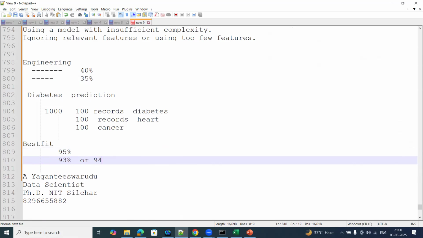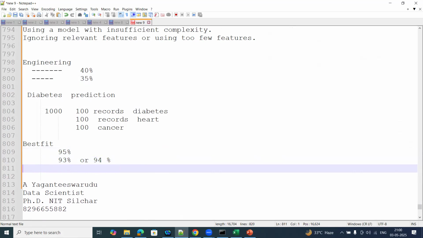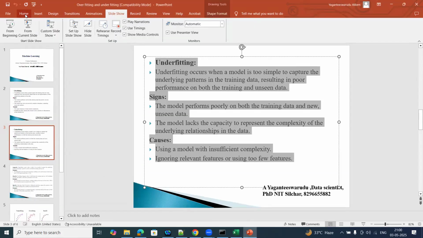That is well and good, because during the internal test the student got 95%, and during the external test he got 92 or 93, which is also a very good percentage. So during training and testing, if it performs well, that kind of model is called a best fitted model.